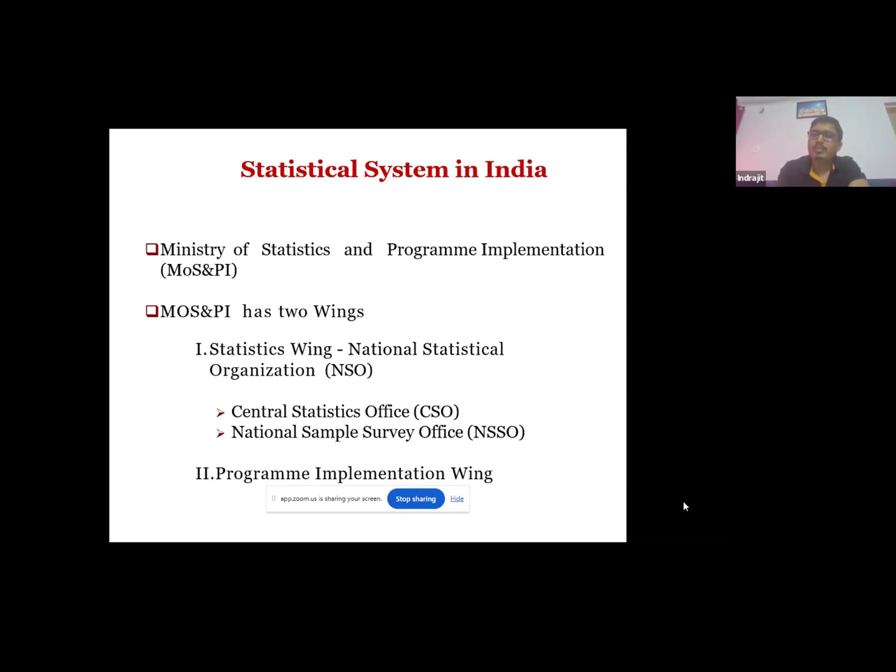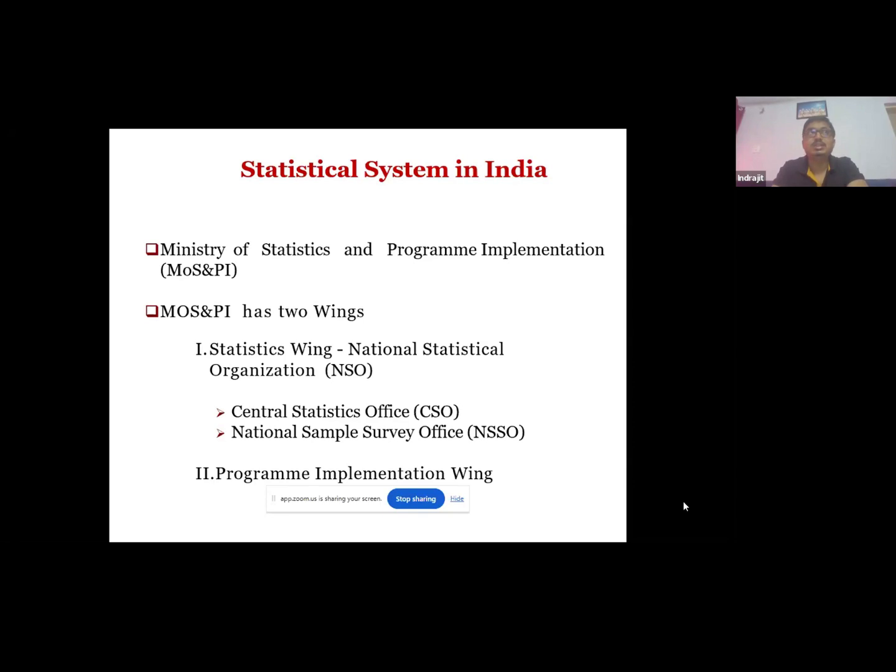The programme implementation wing has specific programme targets, for example poverty reduction programmes and so on. But in the statistics wing, they have two major offices: one is the Central Statistics Office, another is the National Sample Survey Office.